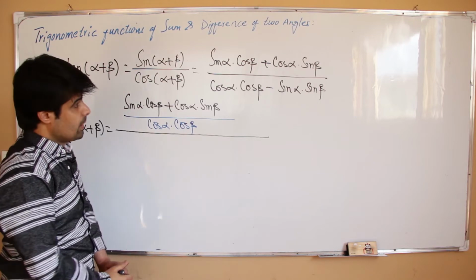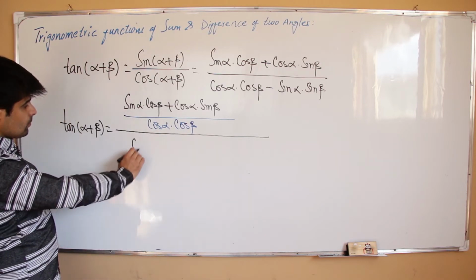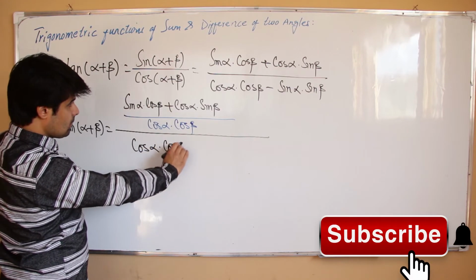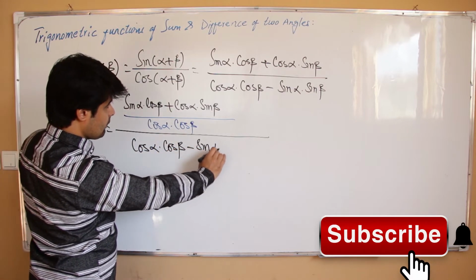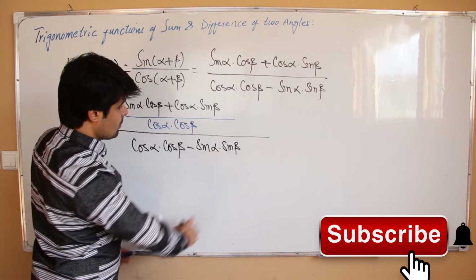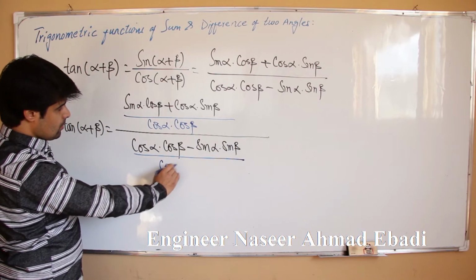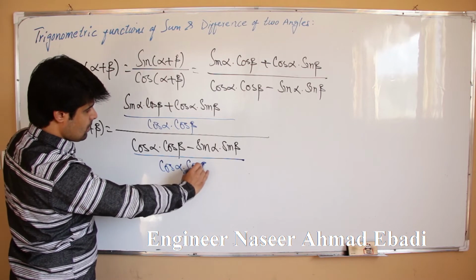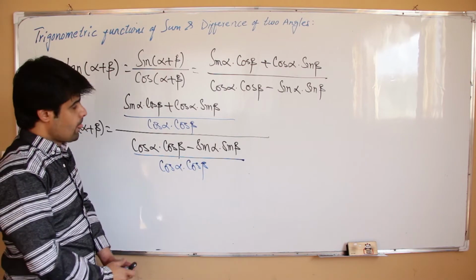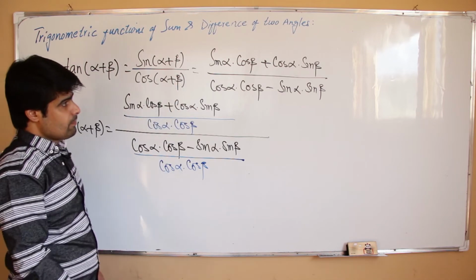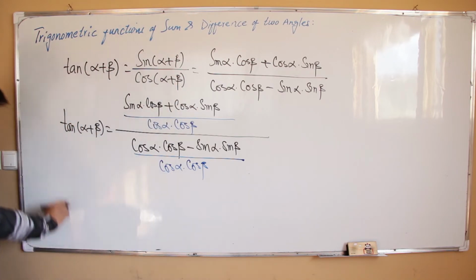Can I do that? Yes. And also in the denominator, cosine alpha cosine beta minus sine alpha sine beta, once again divided by cosine alpha cosine beta. It can be cancelled. Our question is the same as it was.